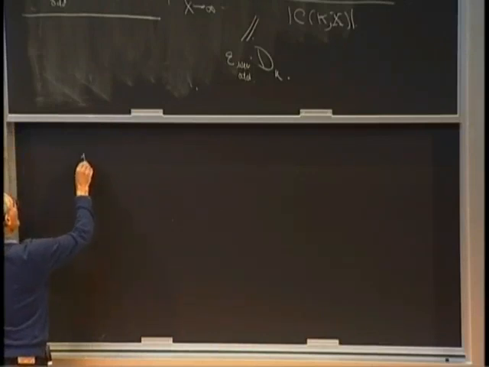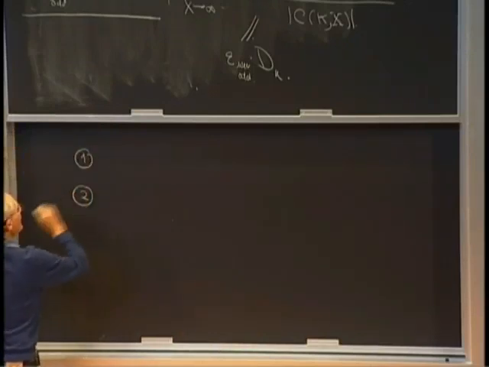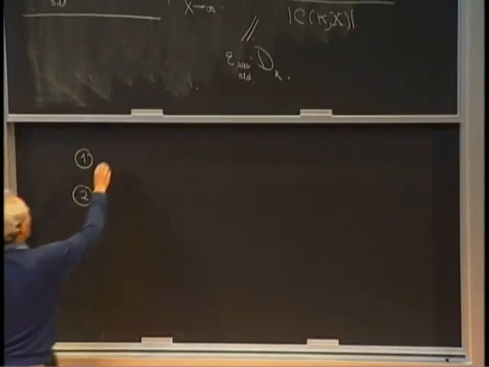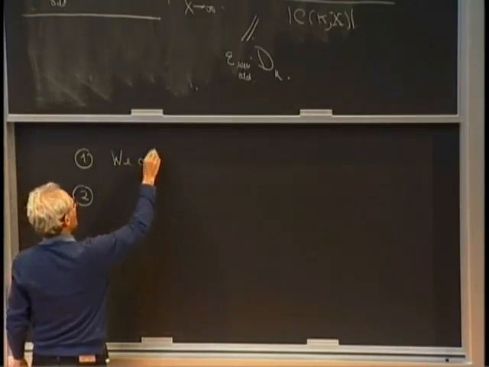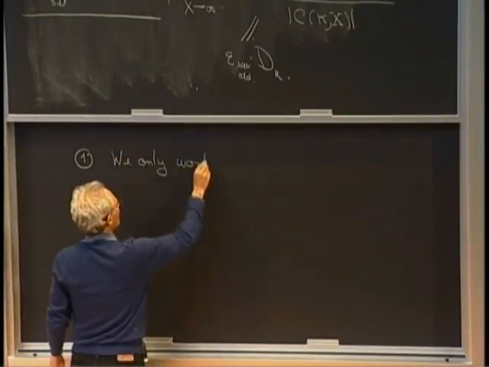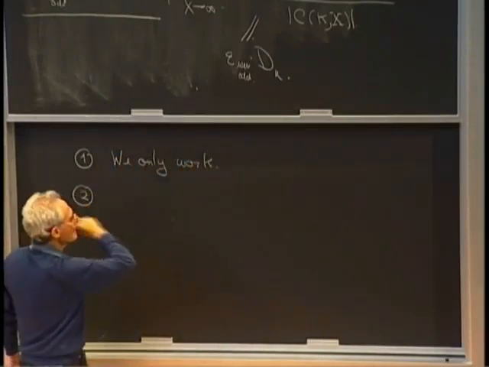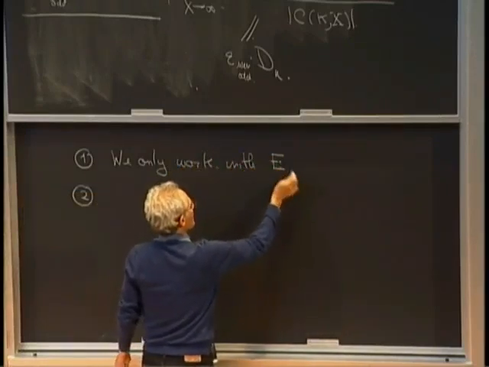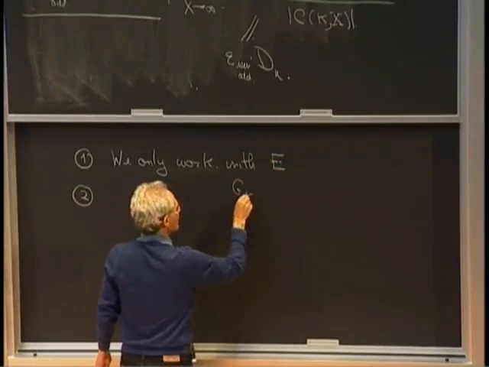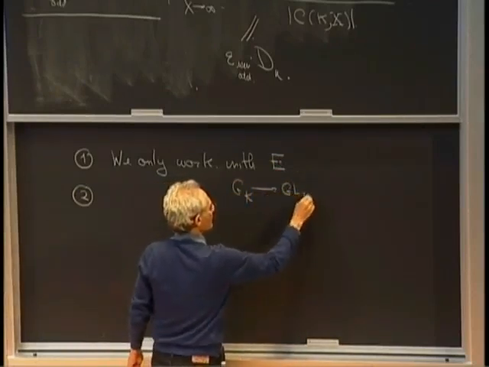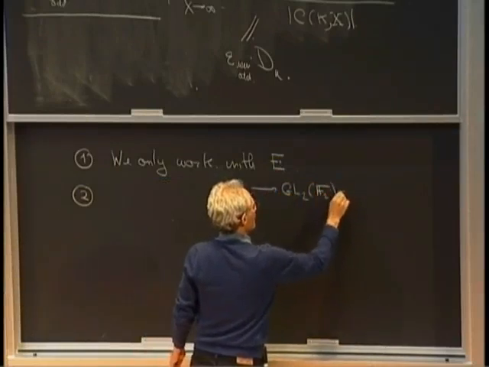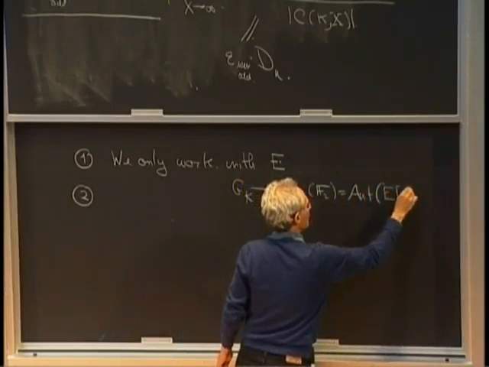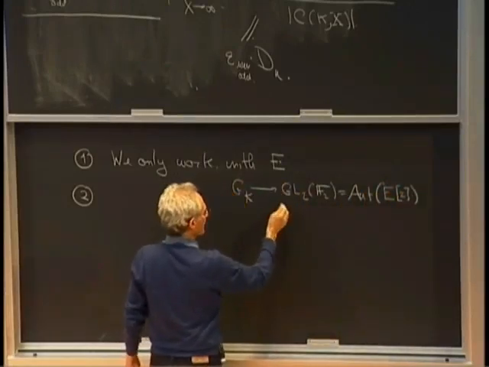There are two shortcomings, so to speak. The first is we can only work, really, given our methods, with elliptic curves such that the Galois representation of GK to GL2 F2, which is the automorphism group of the points of order 2, is full, is surjective.